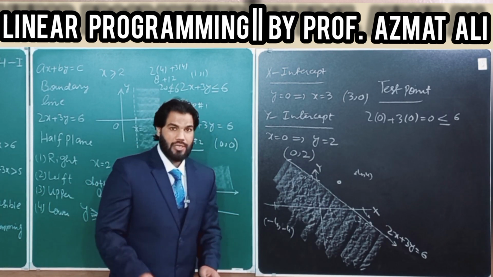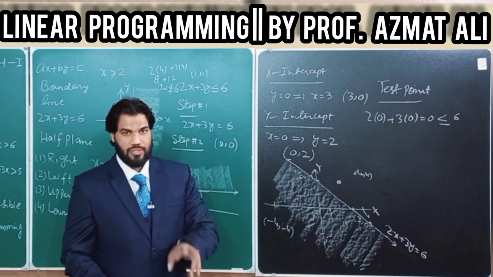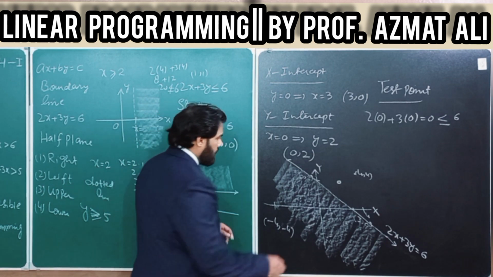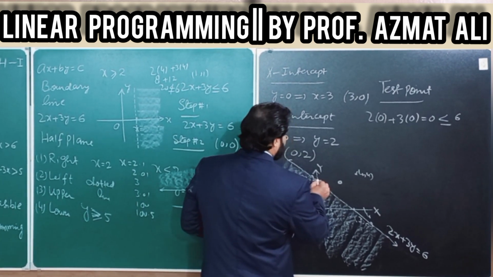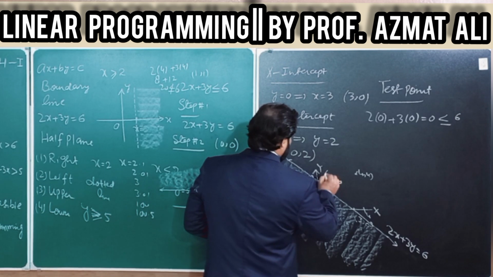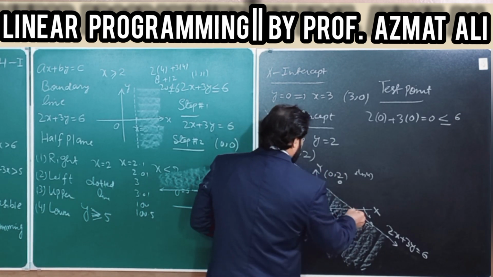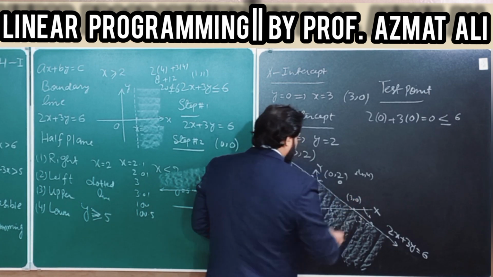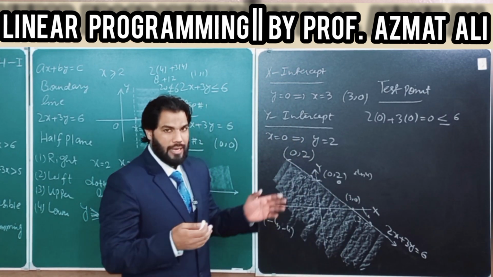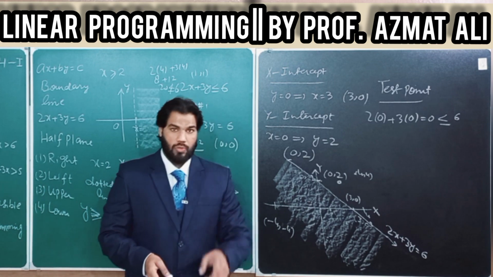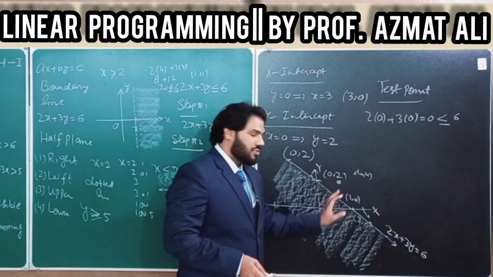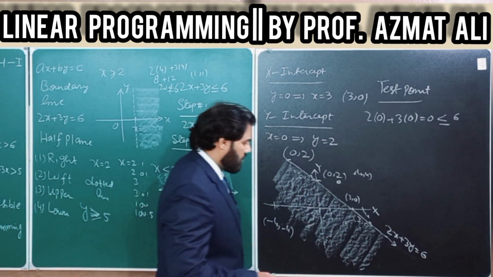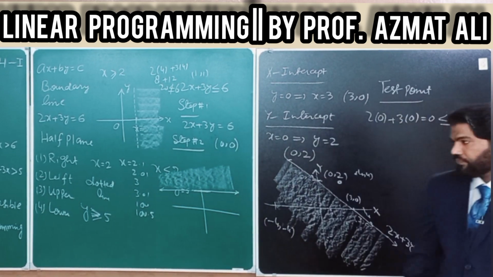This inequality cuts the x-axis and y-axis at 2 points. One is the y-intercept, that is x = 0, y = 2, and this is the x-intercept, that is x = 3, y = 0. So in this example there are two corner points, one is (0, 2) and the other is (3, 0).